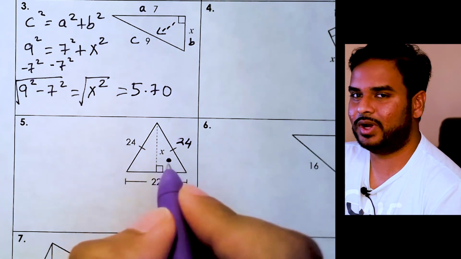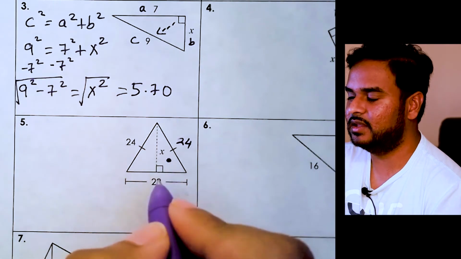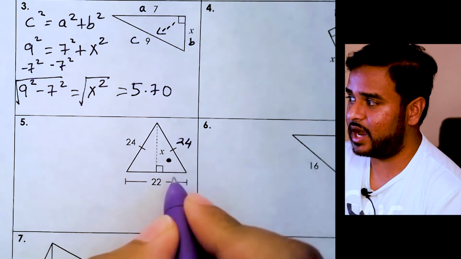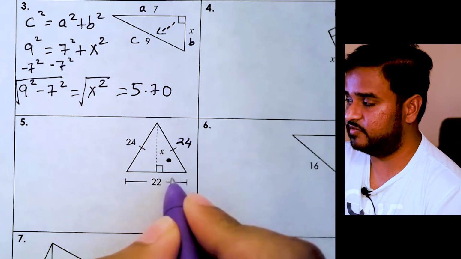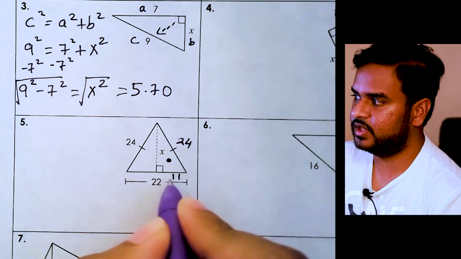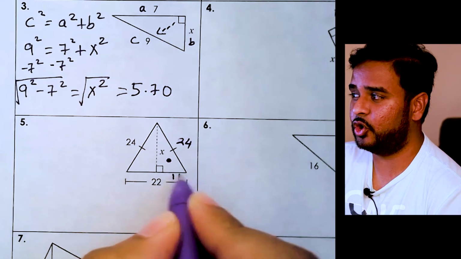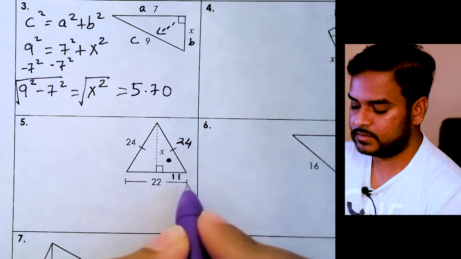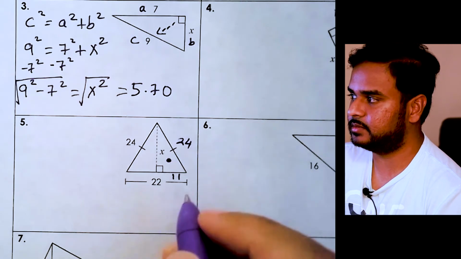Since both of these triangles are the exact same thing, and the entire bottom side is 22, I know that the bottom leg of my triangle on the right is going to be 11. Because if these two are the same and the whole thing is 22, looks like it's being split into half. So one of my legs is 11.